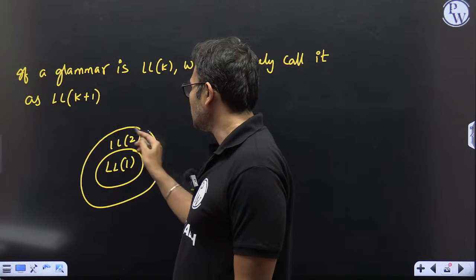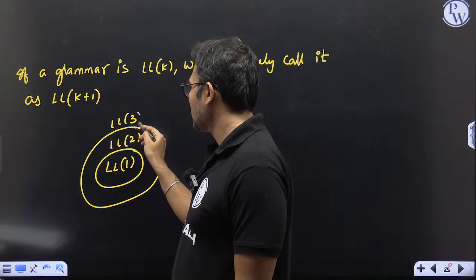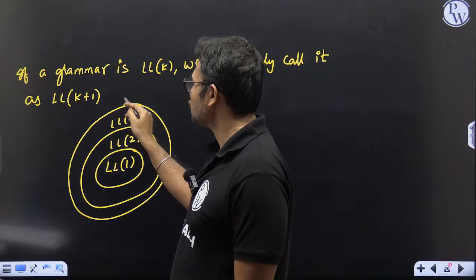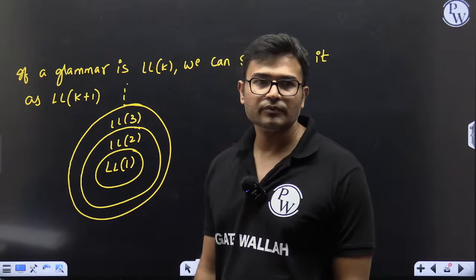If it is LL2, you can call it as LL3, and so on, right?